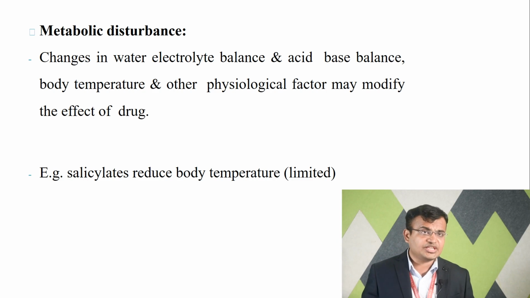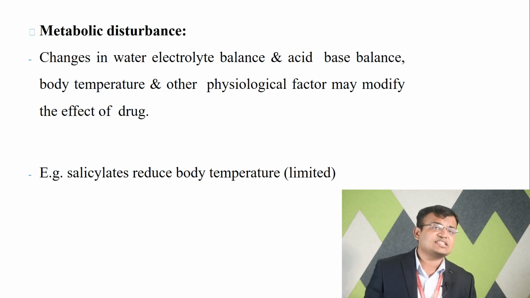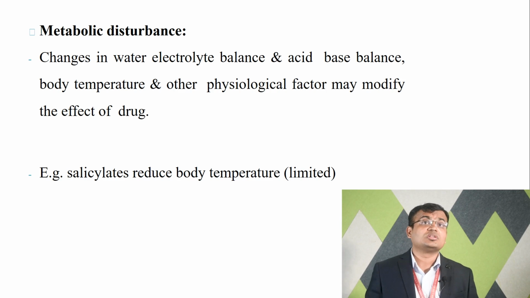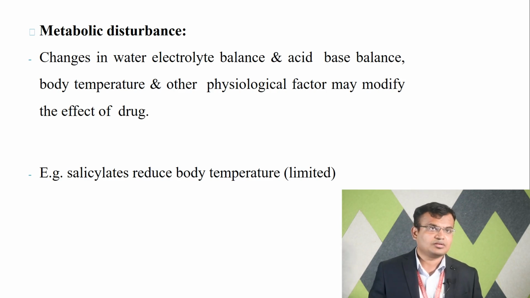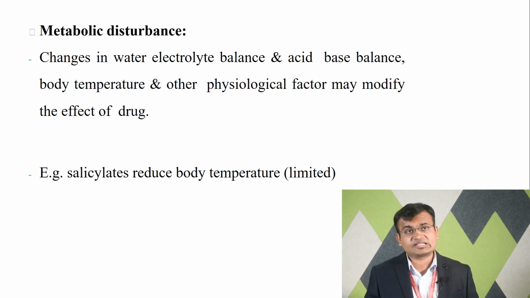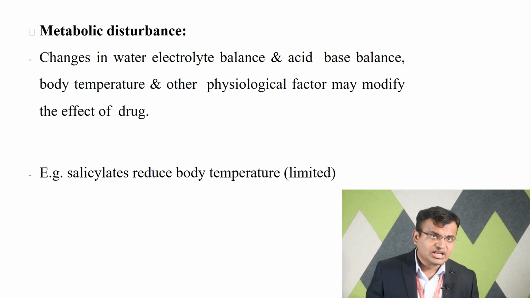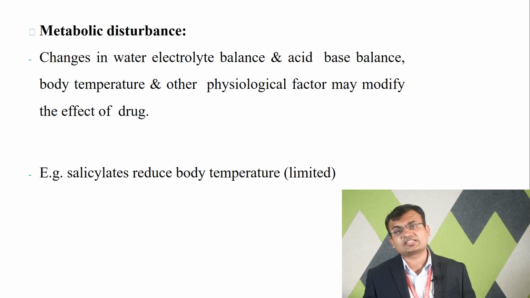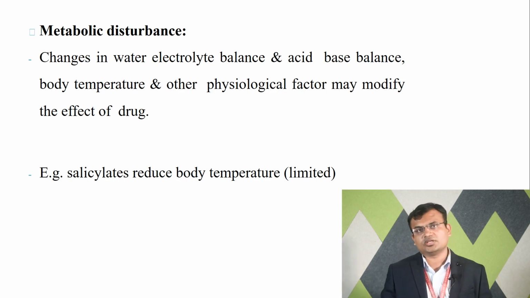Even the body temperature and other physiological factors may get changed or modified. How are these things happening? Due to the use of a particular drug or dosage. Again, to revise: a change in water electrolyte balance, acid balance, body temperature and other physiological factors may modify the effect of the drug.